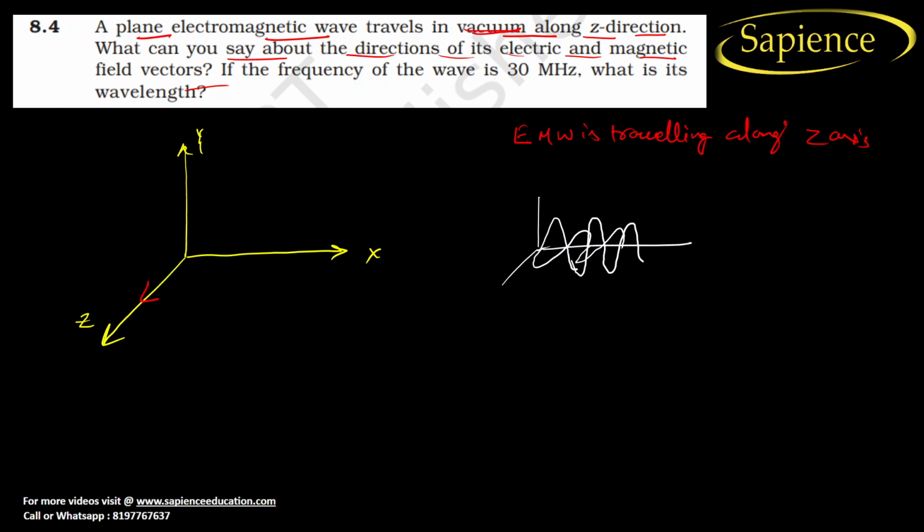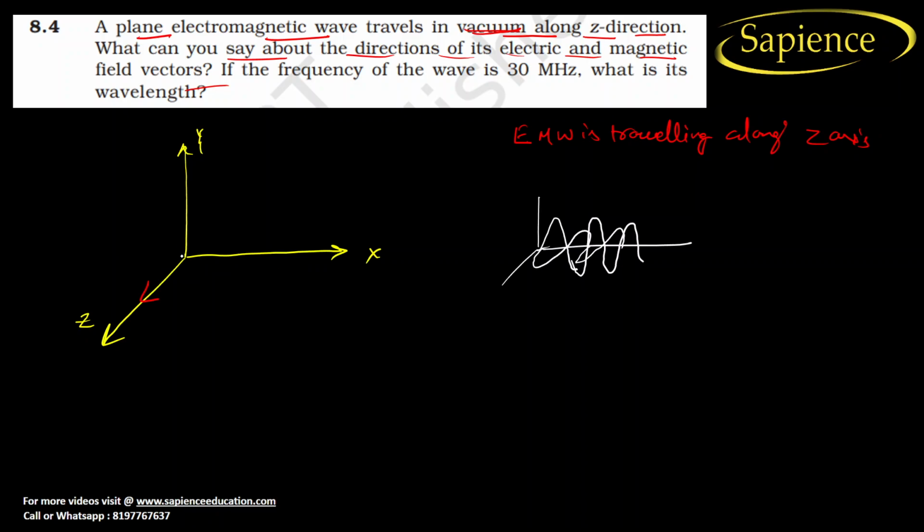So in which plane will the electric field as well as magnetic field remain? So definitely this electric field will remain in x as well as y, so the x-y plane.